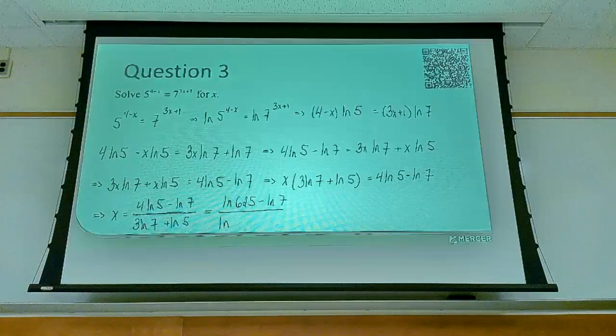Seven cubed. 49 times 7. What's 50 times 7? 450.